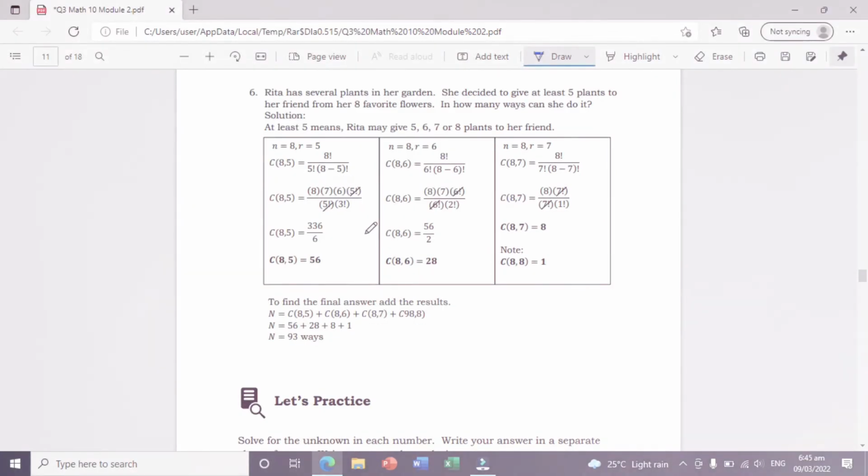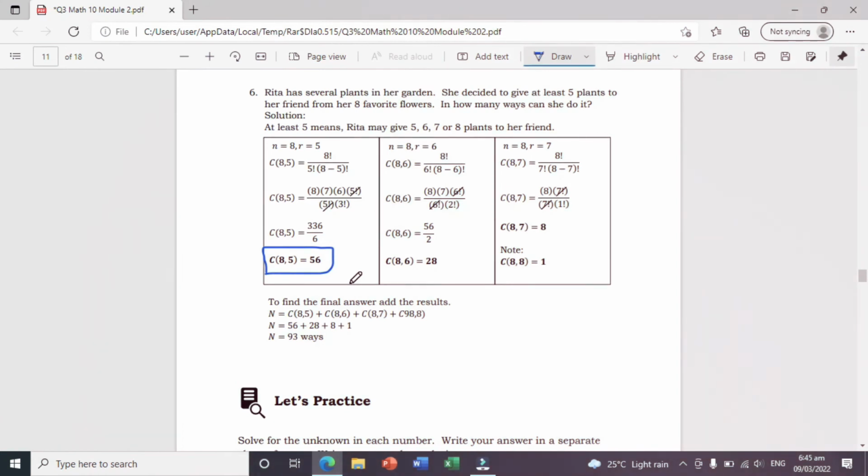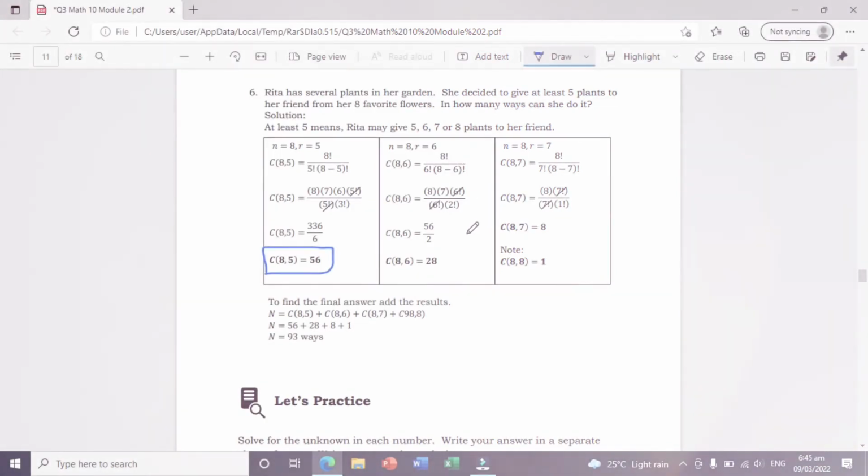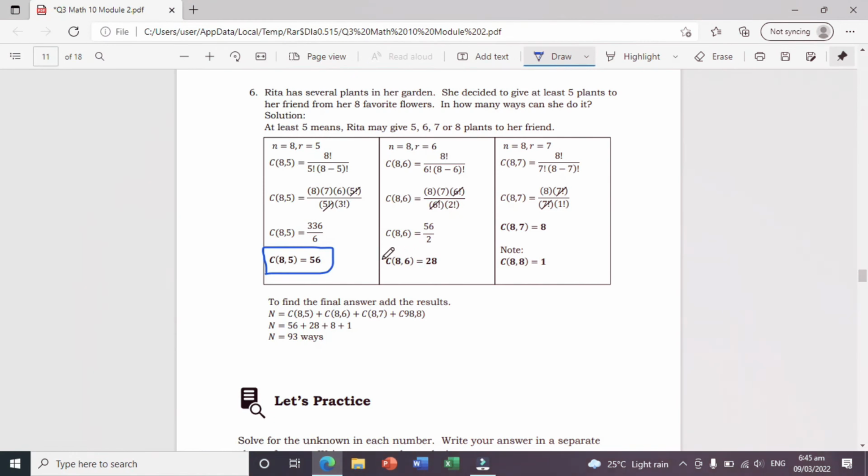Okay, look at the solution again and look at how it arrives at C(8,5) equals 56. How about when r equals 6? So C(8,6). Look at the solution again and how it arrives at C(8,6) equals 28.